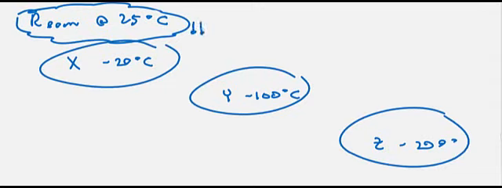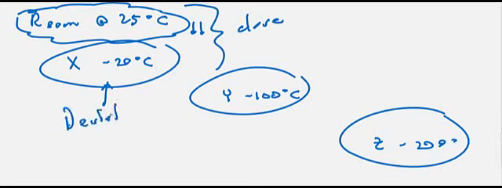As we start to lower the temperature of the room, the first gas that would liquefy would be X. So as we drop the temperature, X would be the first one to show deviation from ideal behavior. In fact, because X is pretty close, 25 degrees and -20 to when it liquefies, at 25 degrees X may already have some deviation from ideal behavior.